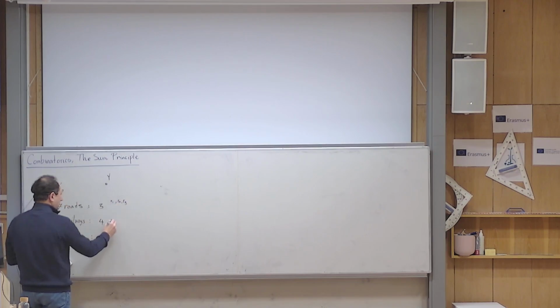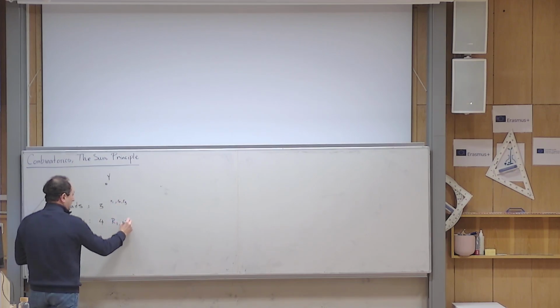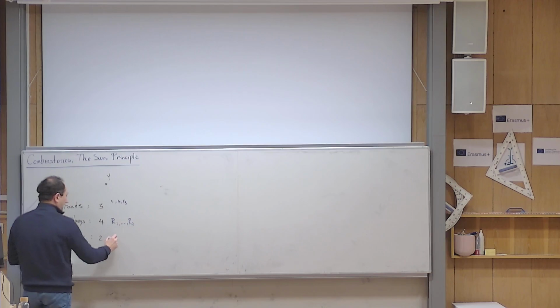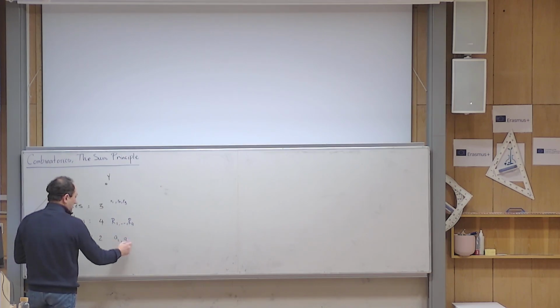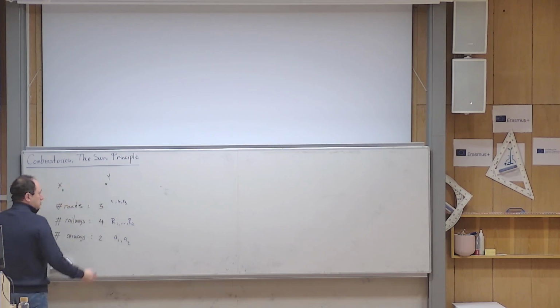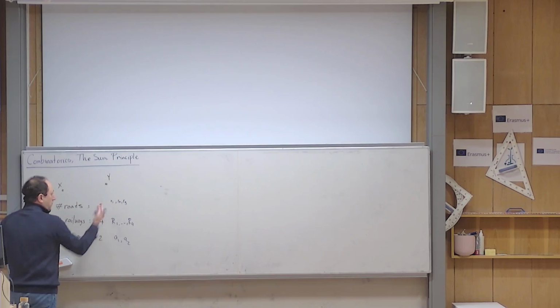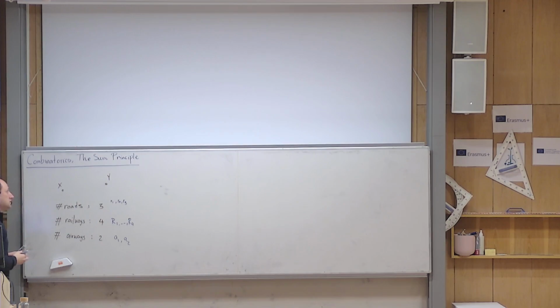Here I have railway 1 up to railway 4, and here I have airway 1 and airway 2, yes? So if I choose road 1, then I'm not able to choose road 2 simultaneously. So these options cannot be done simultaneously. In that case, I use the sum principle.